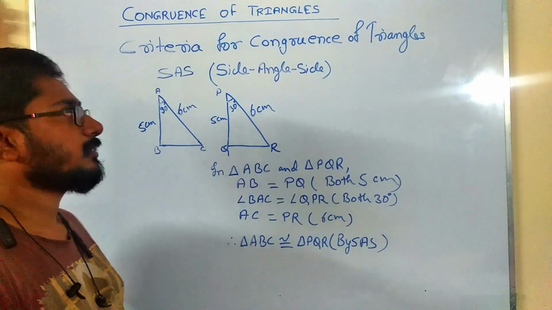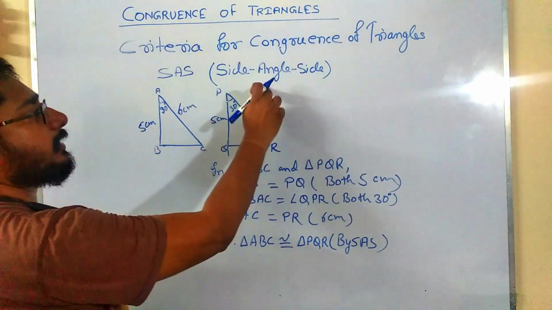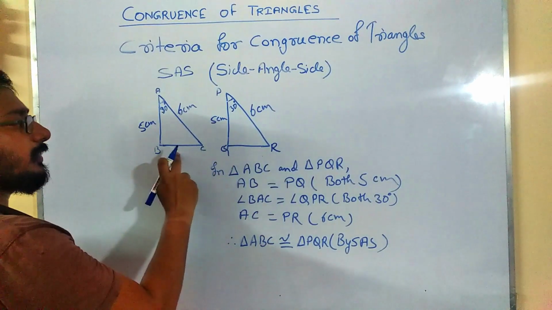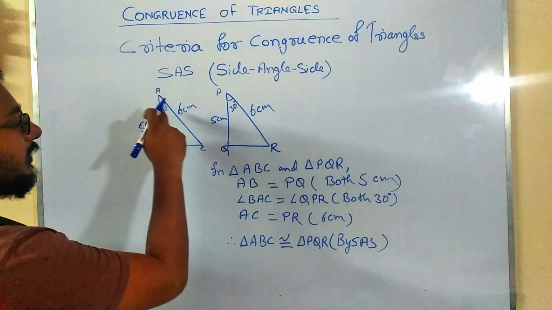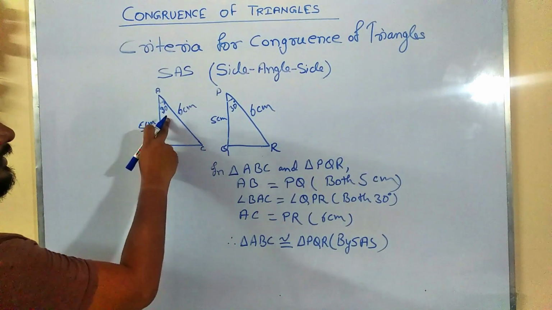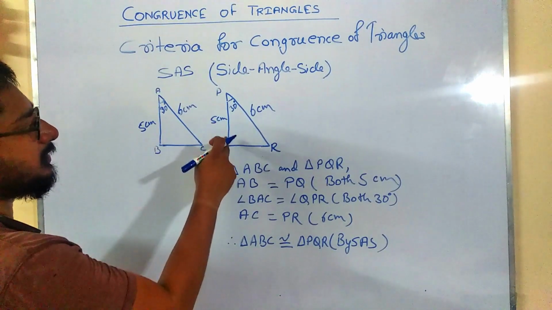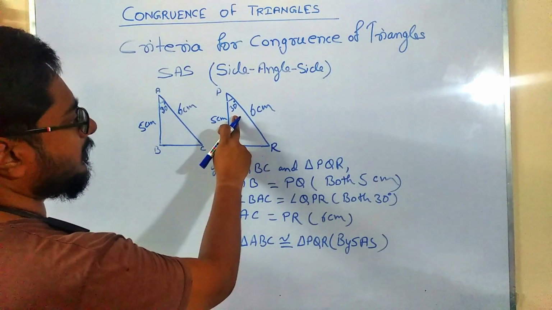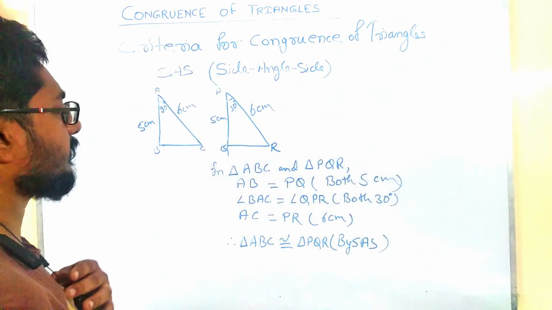Now next is SAS congruency criteria, that means side angle side congruency criteria. I have taken two figures of triangles, triangle ABC and triangle PQR. AB 5 centimeter, angle A 30 degree and AC 6 centimeter. Same in triangle PQR, PQ 5 centimeter, P 30 degree and PR 6 centimeter. So we have to prove them congruent.